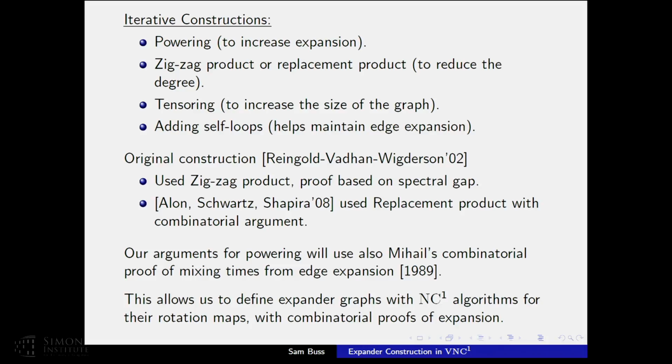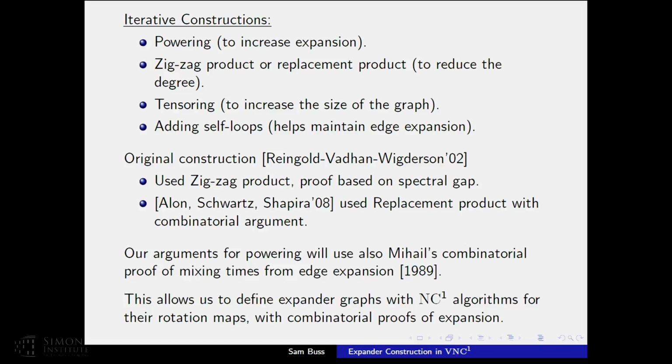The zigzag product or replacement product, which I'll talk about in a moment, replaces the vertices of the graph with another small graph, and is used to reduce the degree of the graphs. Tensoring is used to increase the size of the graph. Adding self-loops is done for technical reasons to maintain the edge expansion. And the original proofs used spectral gaps.